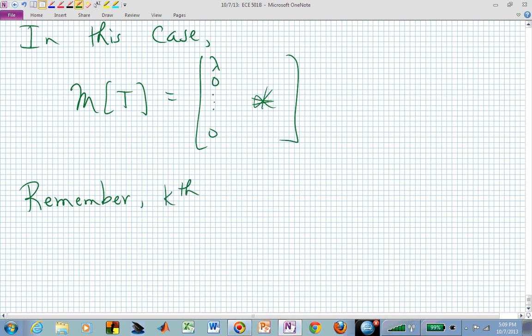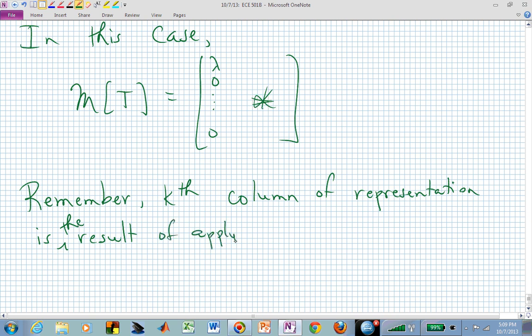So remember the kth column of the representation is the result of applying T to the kth basis vector.